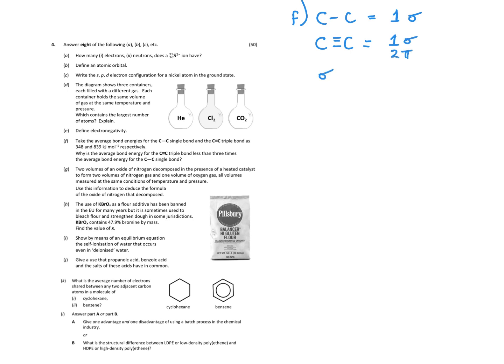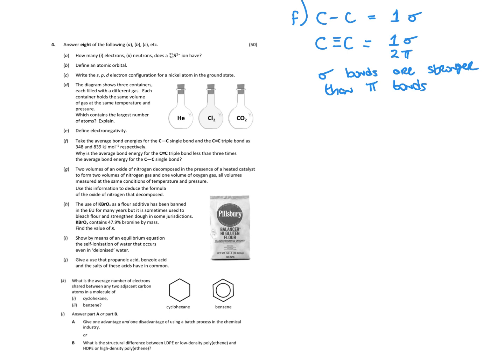And we know that sigma bonds are stronger than pi bonds. Because sigma bonds are stronger than pi bonds, they would hold the atoms closer together. So because it's not 3 sigma bonds in the triple bond, that would affect the bond energy as a result.